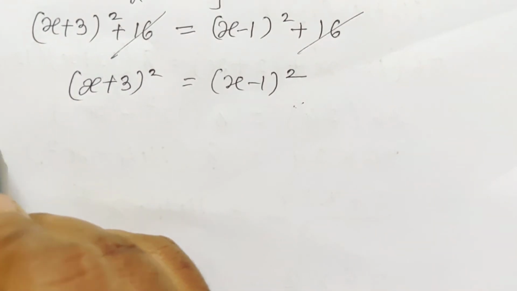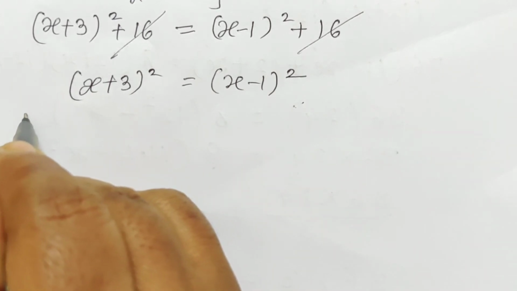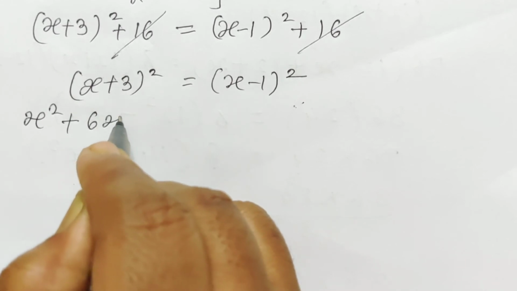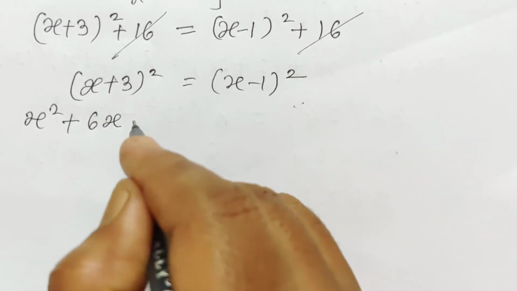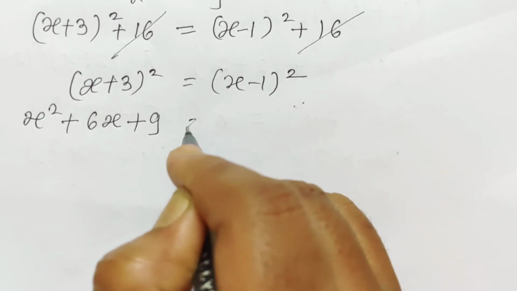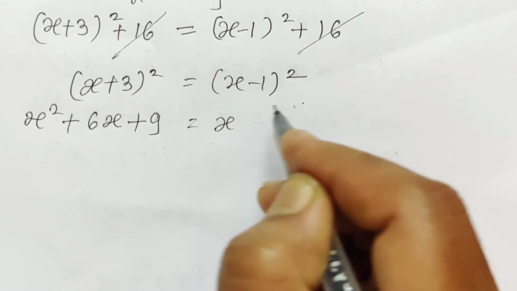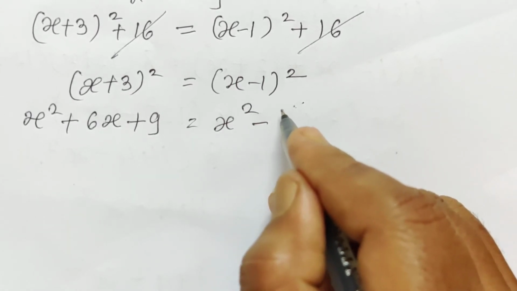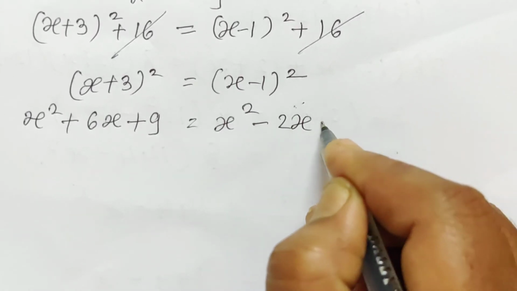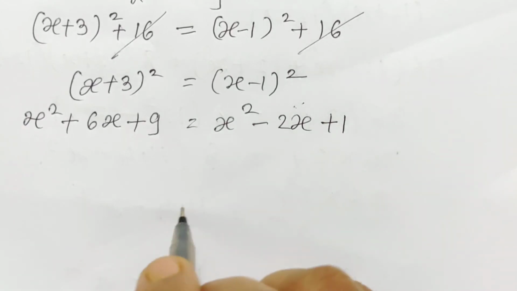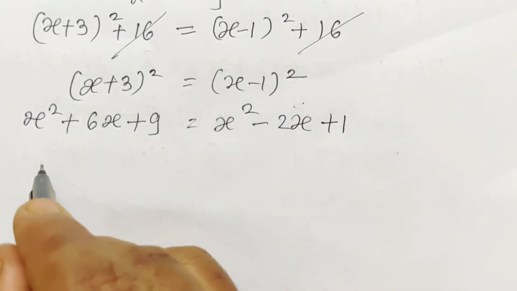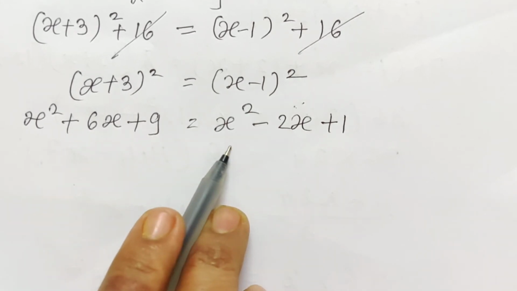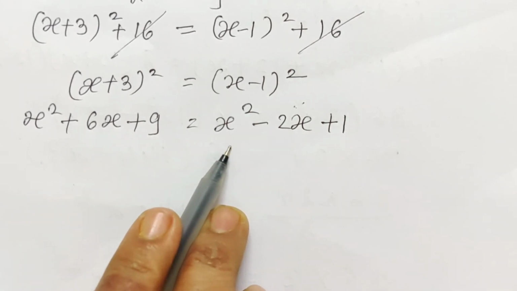According to that, you will get x square plus 2 times 3, that is 6x, plus b square, that means plus 9, is equal to, here also a minus b bracket square, so x square minus 2 times 1, that is 2x, plus 1 square, that is 1. Now see, x square on the left side and x square on the right side, so it will cancel.